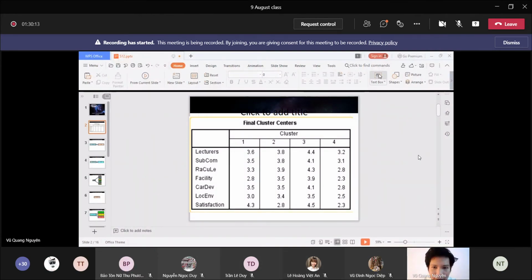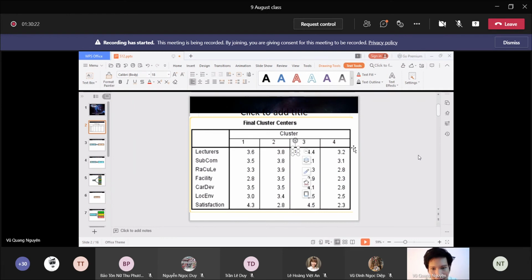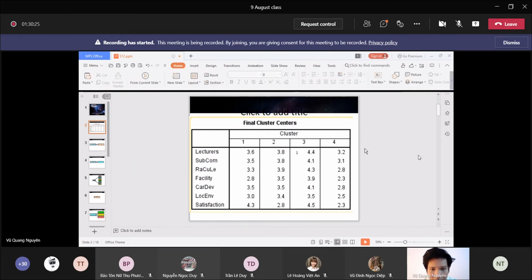Four. So say in lecturers, rank 1 is in cluster 3, then 2, 3, 4, 1, 2, 3, 4.